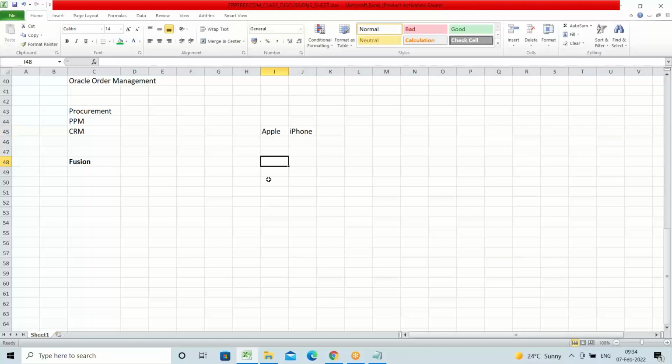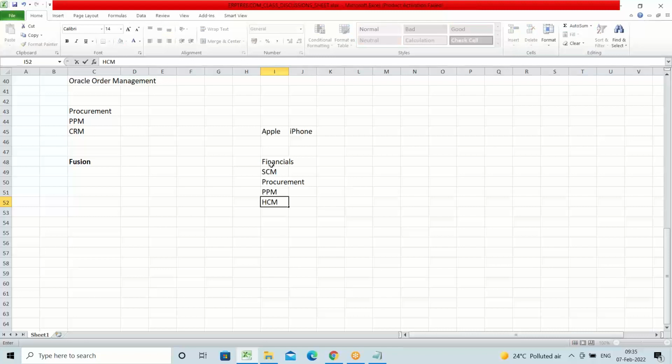Say you have different product families. Just now we discussed. We have financials, SCM, supply chain management, procurement, PPM, HCM. These are the different product families we have. Take the example of a company called XYZ INC. This is a company name I'm taking.